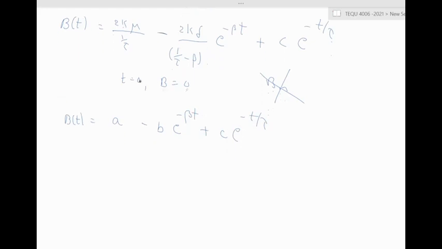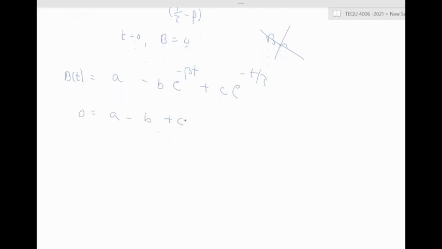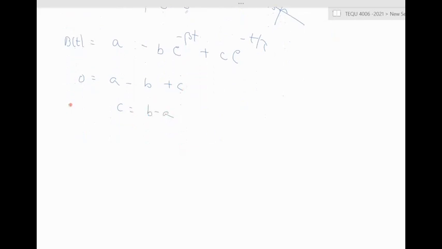So let's apply the initial condition for B, and that would be at time 0, B of 0, so A minus B, e to the 0, that's 1, so you end up with B plus C e to the minus t over tau, obviously that's also 1, so we solve for C, C equals B minus A. So our expression is A minus B e to the minus beta t plus B minus A e to the minus t over tau.